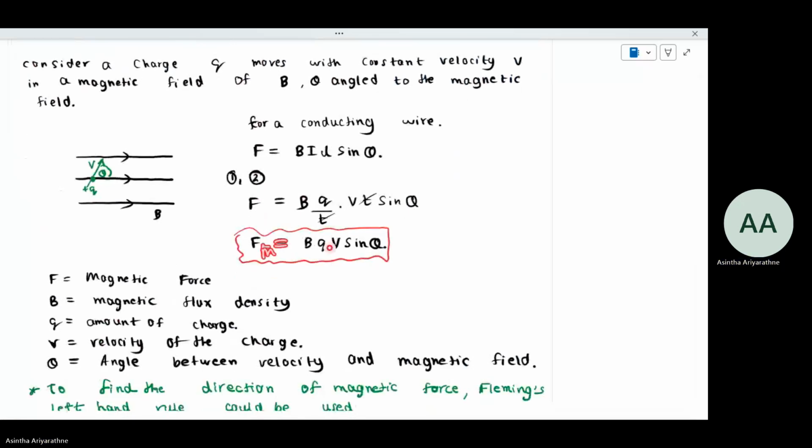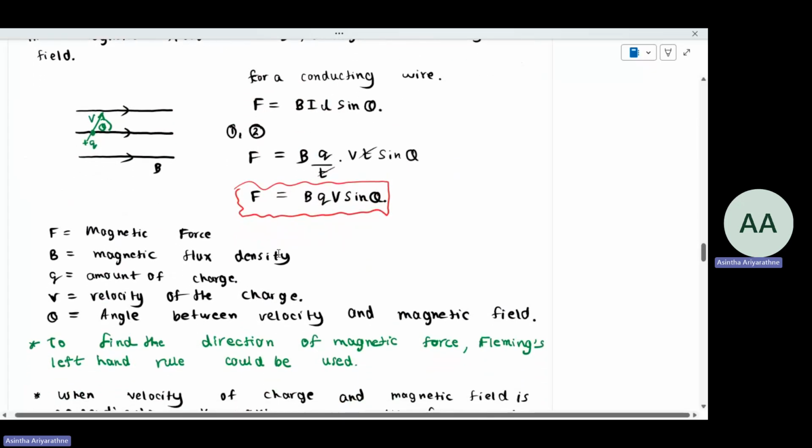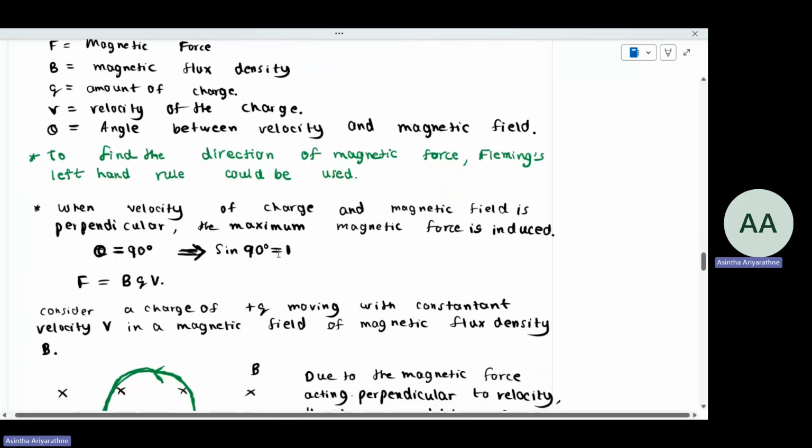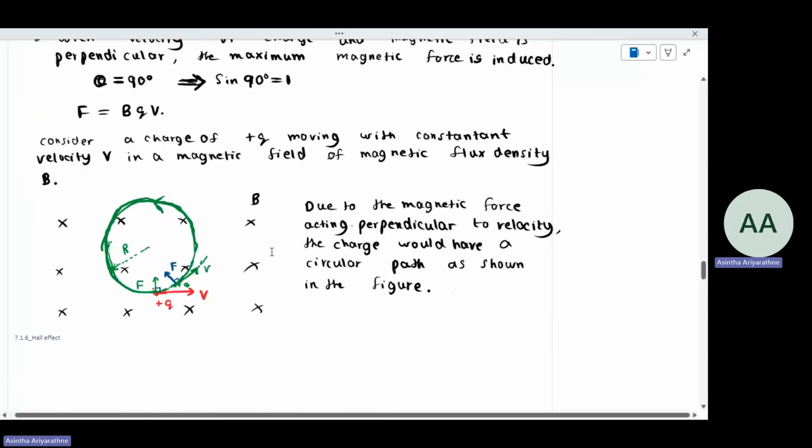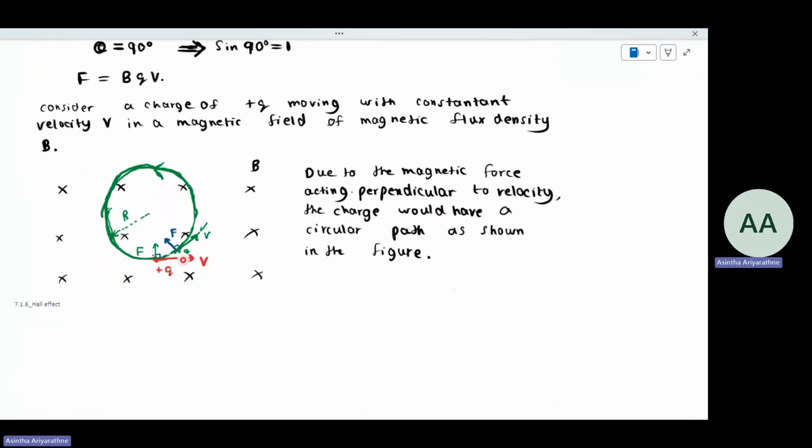We can manipulate the previous expression for the current carrying conductor, B I L, and get an expression for a charge traveling in a magnetic field with velocity v at angle theta to the magnetic field, F = q v B sin theta. When the velocity and the magnetic field are perpendicular, we have q v B, the maximum magnetic force on a moving charge.